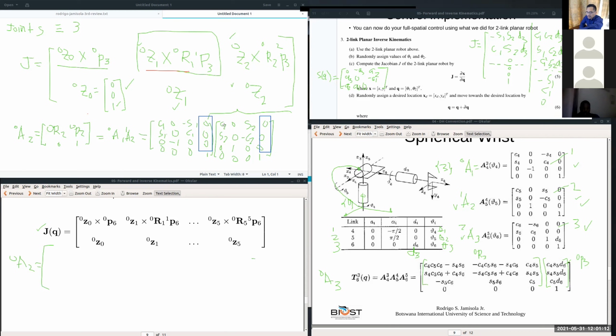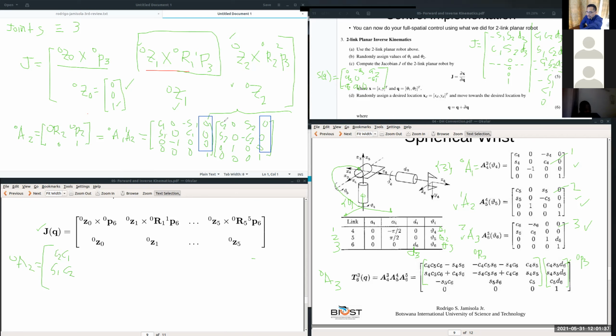The only alive element is C2 times C1. So that is C2, C1. Next, S1, C2 plus 0 plus 0 plus 0. So S1, C2.